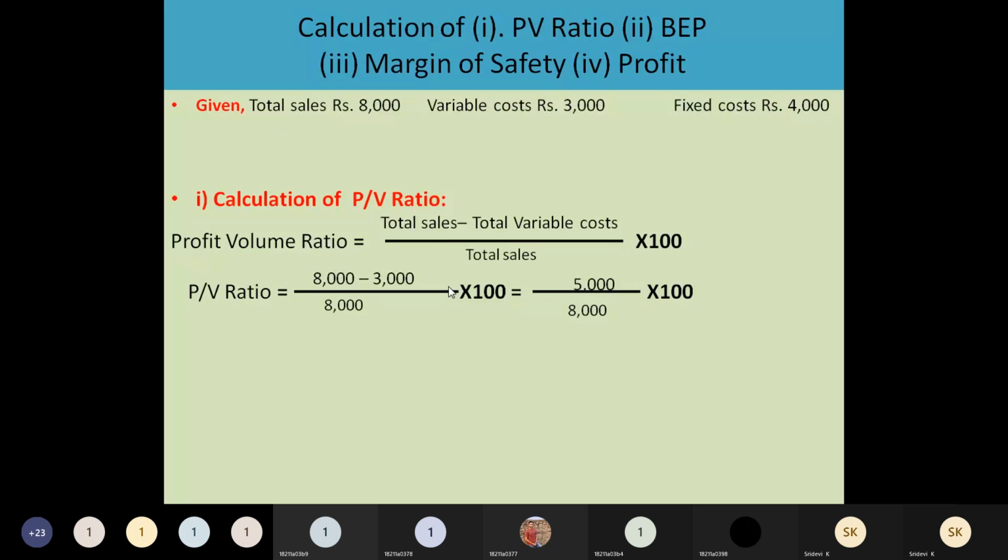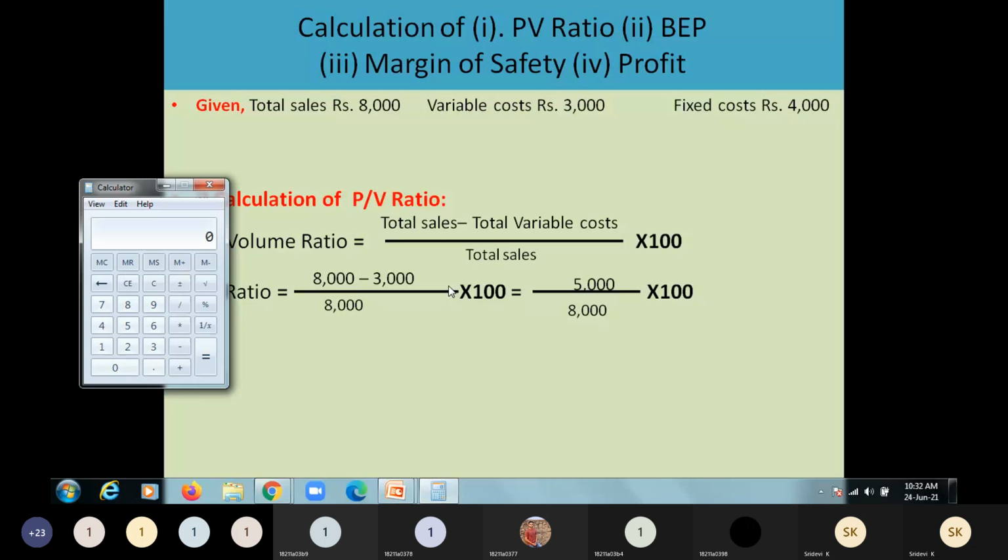So now here you take the calci. What is the amount that you are going to get if you divide 5,000 by 8,000? So all zeros you are going to cancel. Take it as 5 by 8. Okay, if you divide 5,000 by 8,000, that is giving you 0.625.